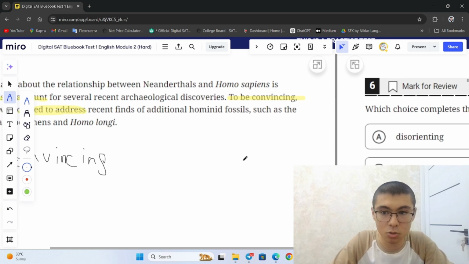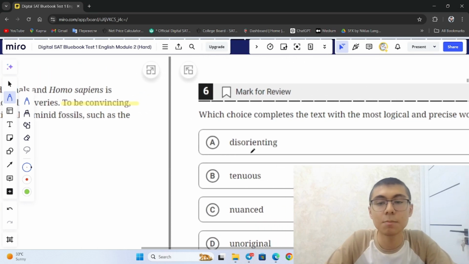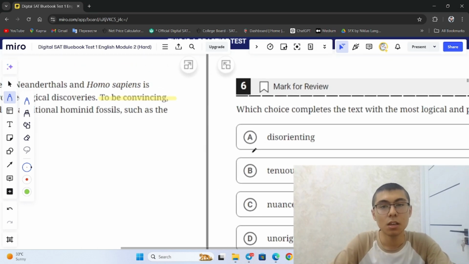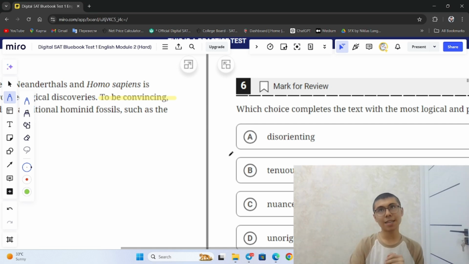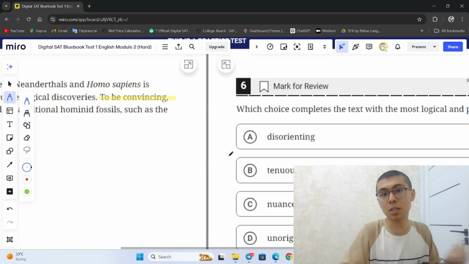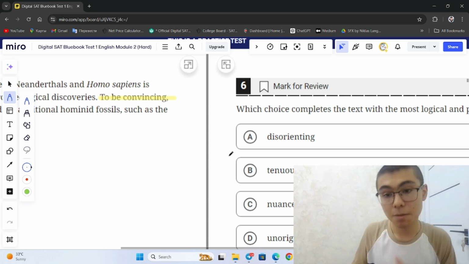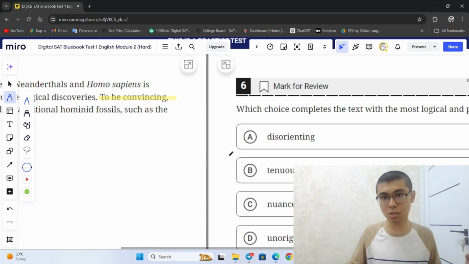Unconvincing. So let's have a look at the choices. Disorienting means being confused. I'm not sure this is the right fit here, because being confused is not equal to being unconvinced. The argument might be convincing, but you yourself might be confused about all these.